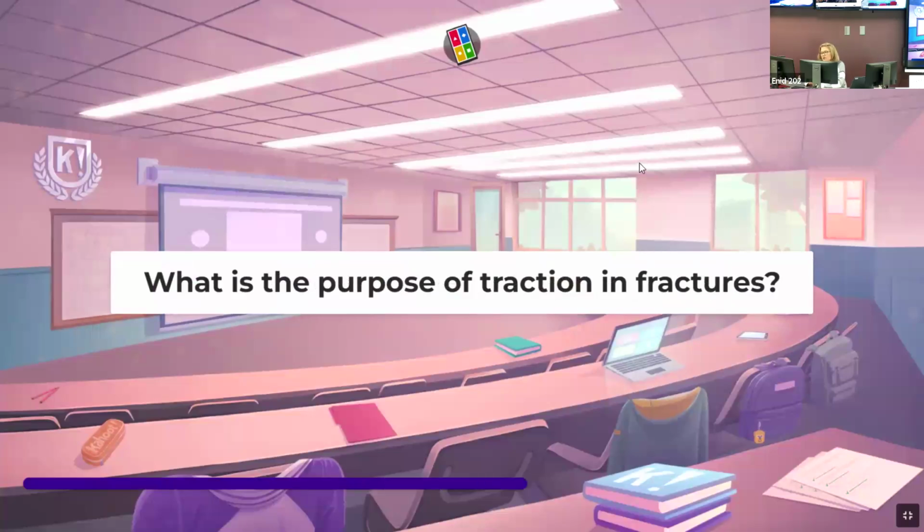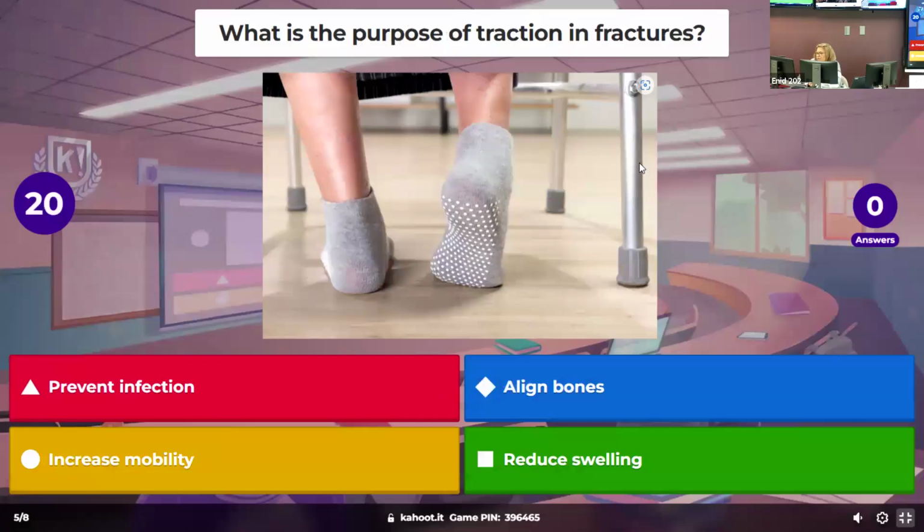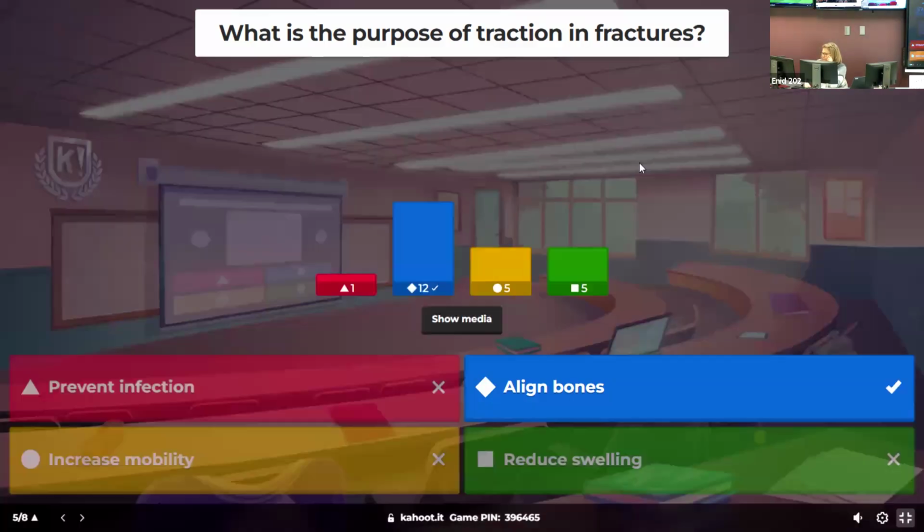What's the purpose of traction in fractures? Good job. Doesn't do these things. It's not going to increase your mobility because you can't move while you're in traction.